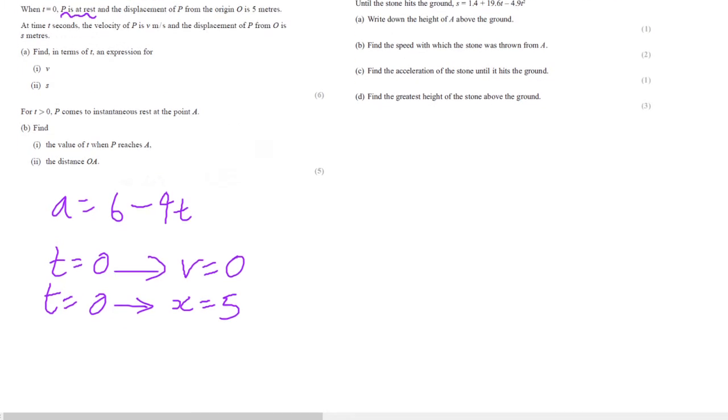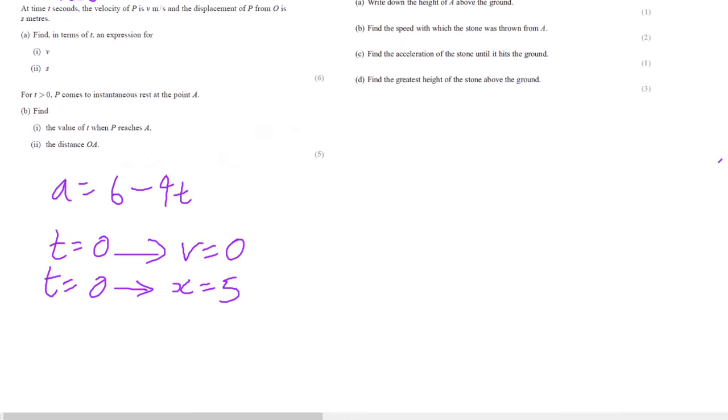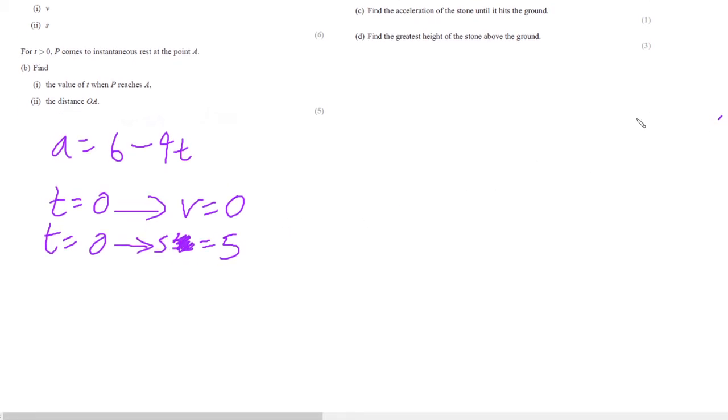At time t seconds, the velocity of P is v meters per second, and the displacement of P is s meters. Okay, so instead of using x, we're going to be using s for displacement, which is what physicists use when working with particle motion. So how might we find v? Well, first, we've already been through why it is the integral of acceleration with respect to time.